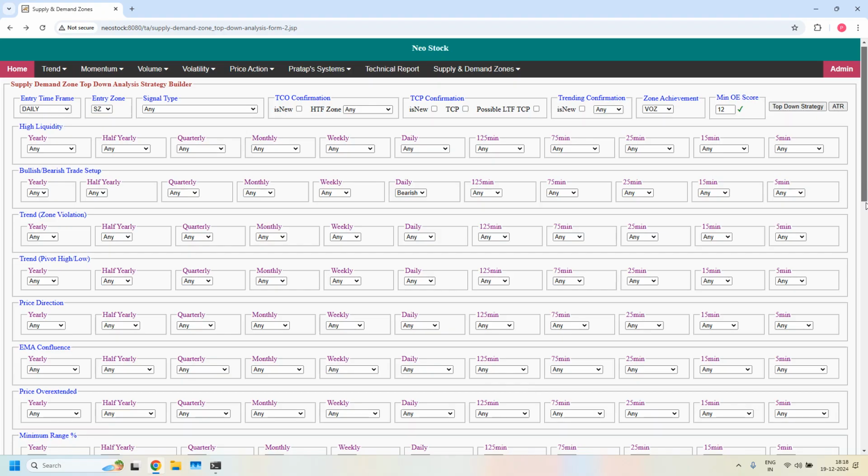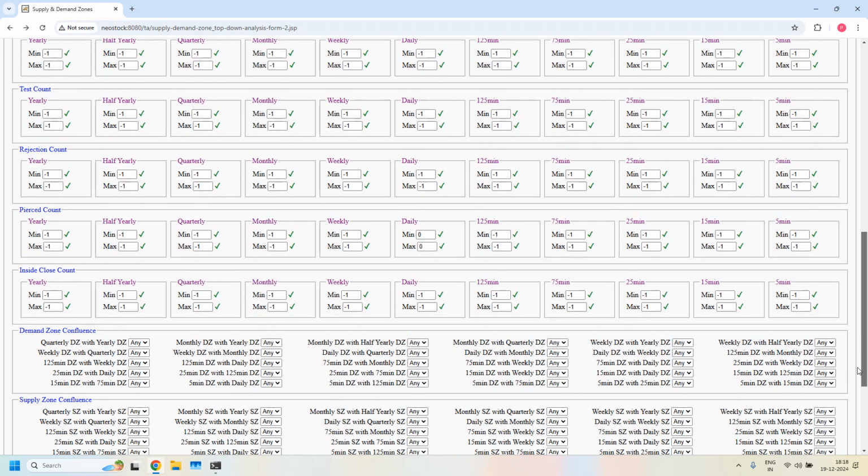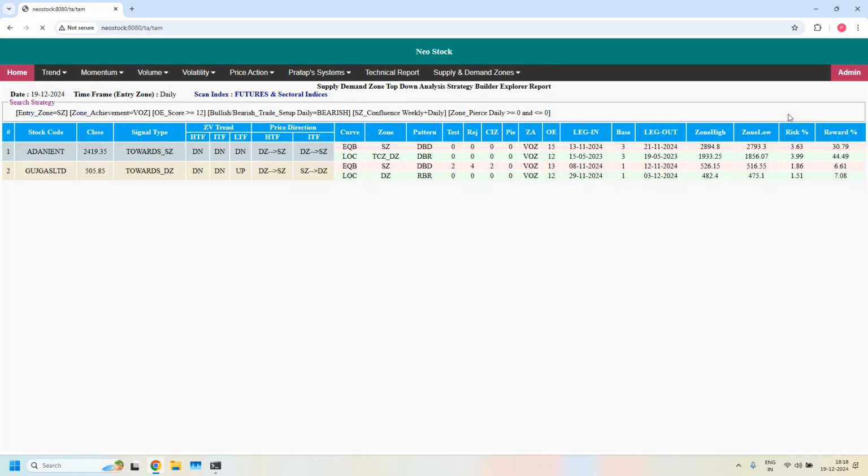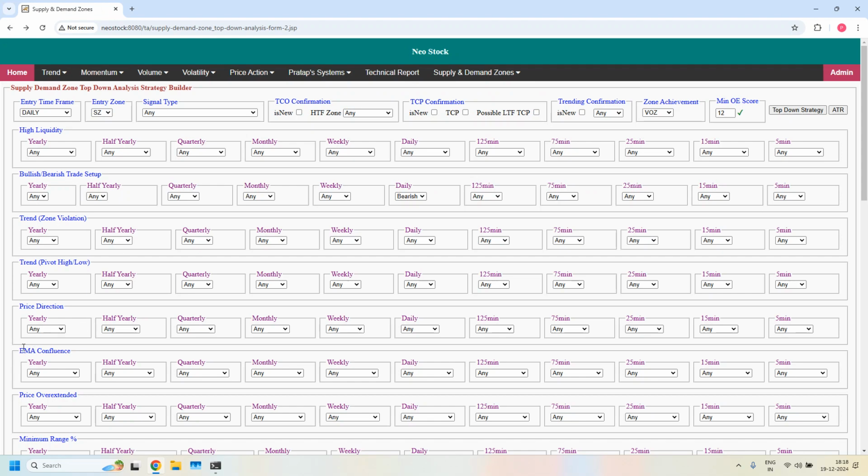In the supply zone confluence, daily supply zone with weekly supply zone confluence, we got both the stocks. That means in both these stocks, these daily supply zones are part of the weekly supply zone. If weekly trend is a downtrend, it is even more high probability trade setup supported stocks. In the EMA confluence, weekly supply zones with weekly EMA confluence, because weekly trend is a downtrend.